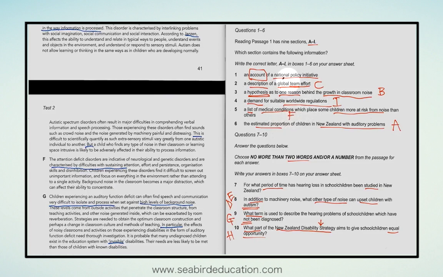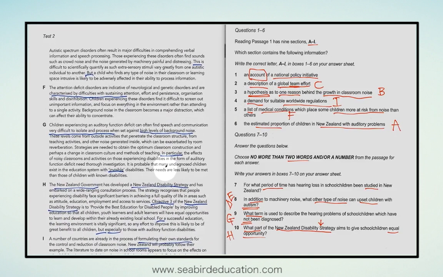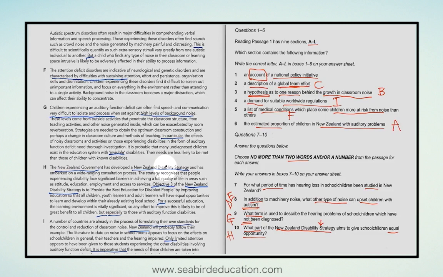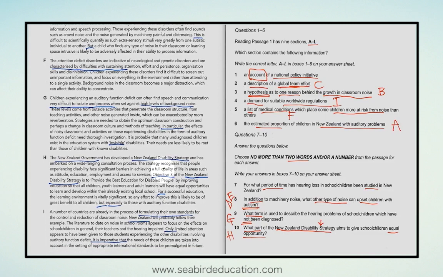So we've just got to find an account of a national policy initiative. New Zealand disability, so that's New Zealand rather than international.